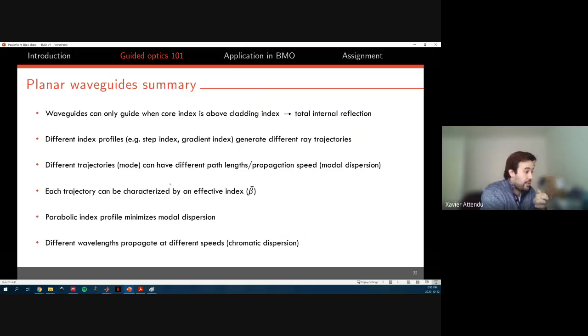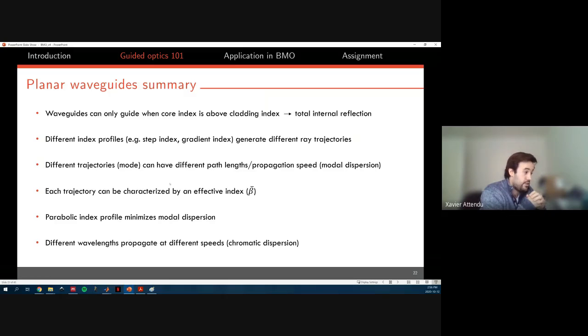So that was planar waveguides. That was just two examples. There's a bunch of other stuff. But the key takeaway here is that waveguides can only guide light when your core index is higher than the cladding index. Otherwise, there's no possibility of total internal reflection, and therefore the light will just be lost.